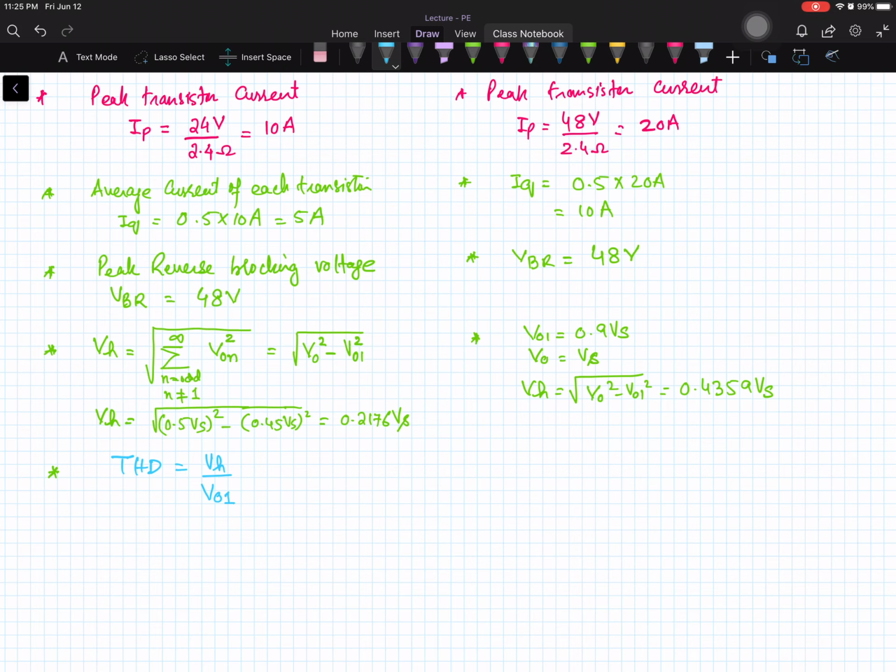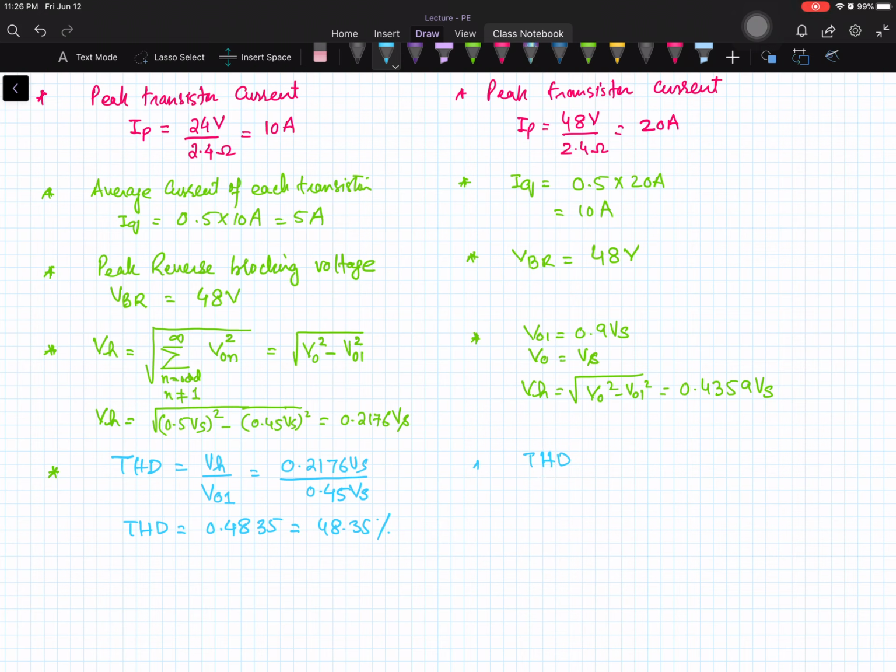As we have calculated the RMS values above, I can calculate the THD as 0.2176 Vs, that is the harmonic voltage, divided by the fundamental component, which is 0.45 Vs. So the THD for this particular case comes out to be 0.4835, which means 48.35%.